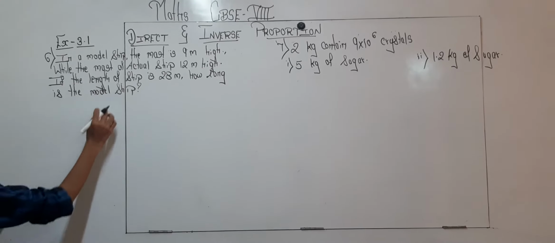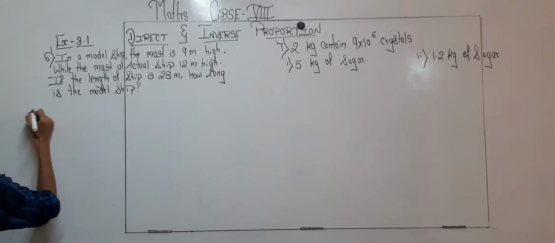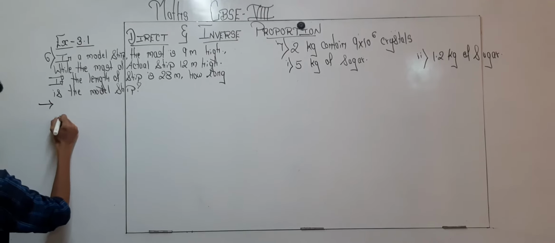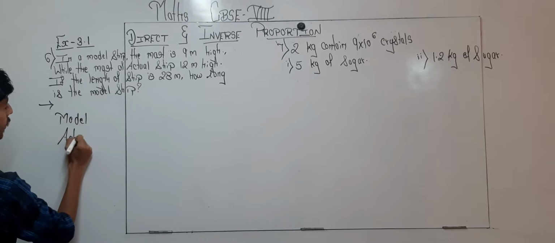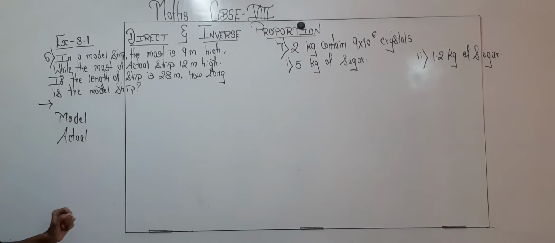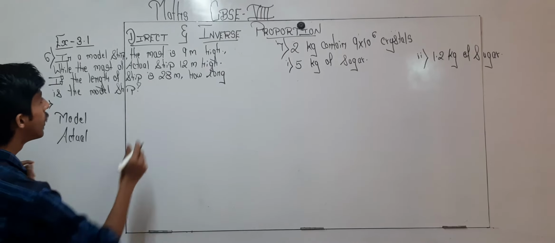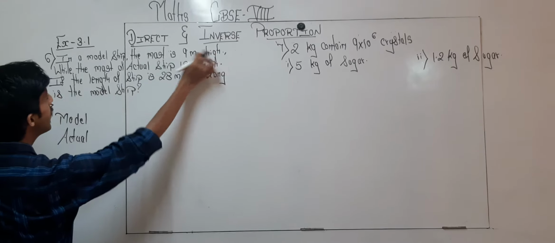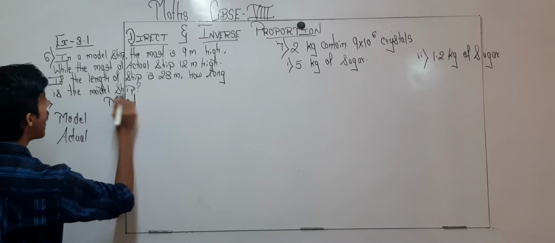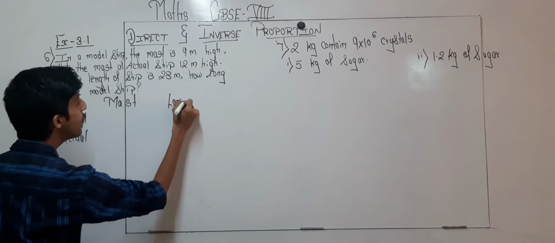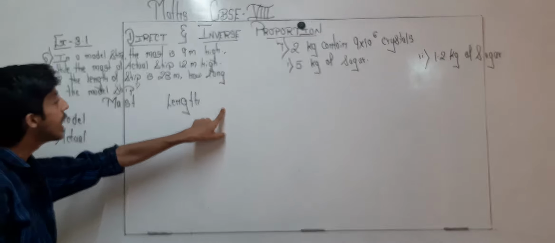Now over here two ships are there, the model and the actual ship. So I will write over here model ship and actual ship. Over here the height is being given, that is of the mast, and over here the length is being given.